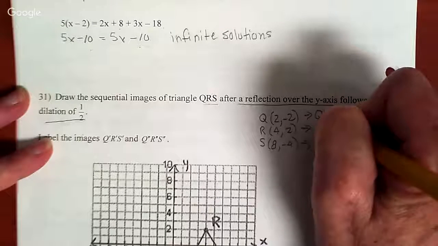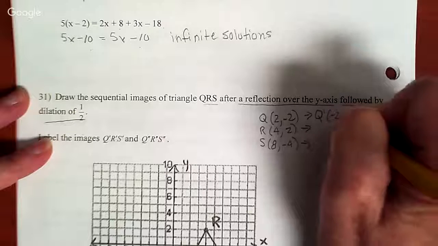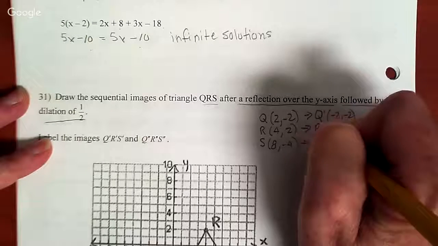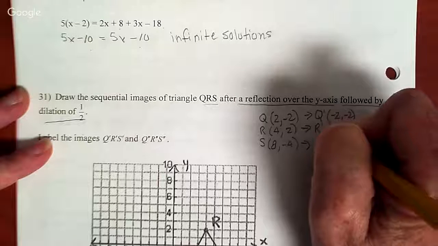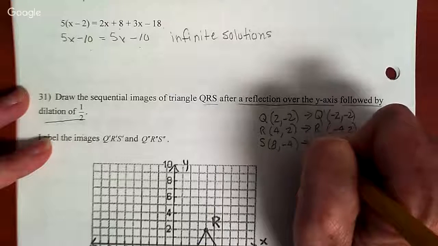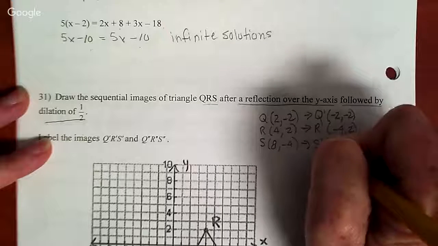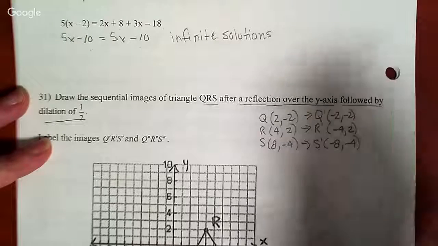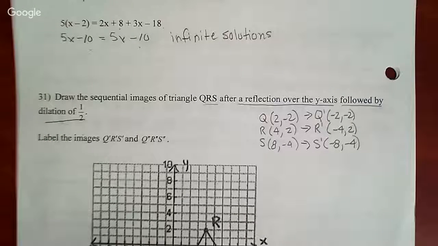Q prime would be -2, -2. R prime would be -4, 2. S prime would be -8, -4. And just for reviewing, ladies and gentlemen, I'm going to use a different color marker here so that you can see this.